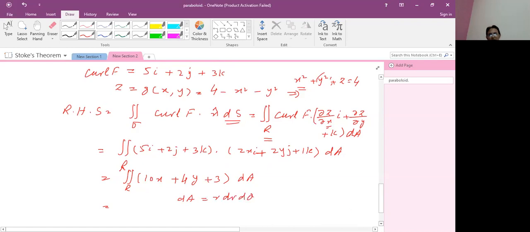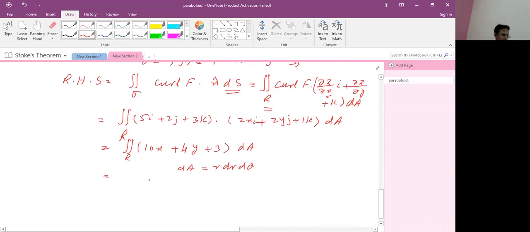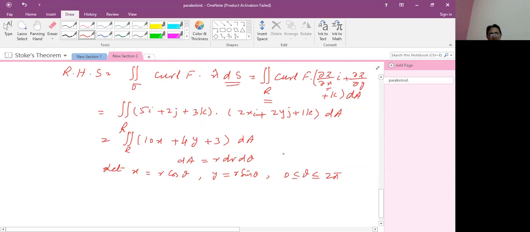When we convert into the polar coordinate system, let x equal r cos theta and y equal r sin theta, and the limit of theta is 0 to 2 pi, because in the question you have been given the circle equation, as you know very well.